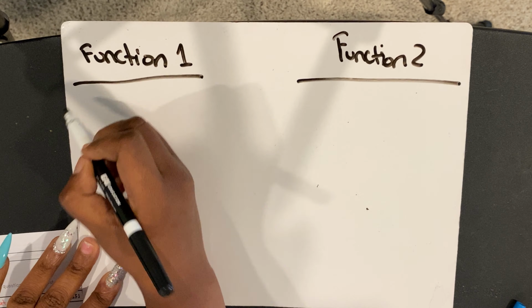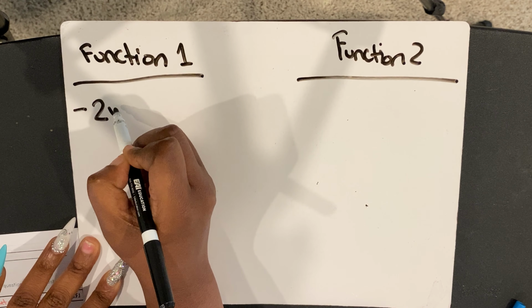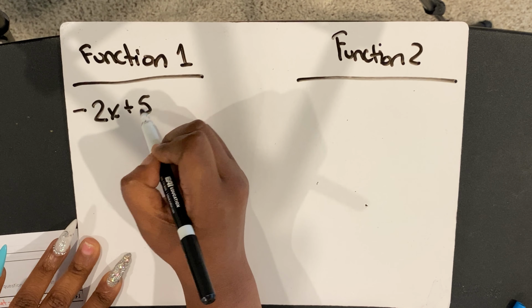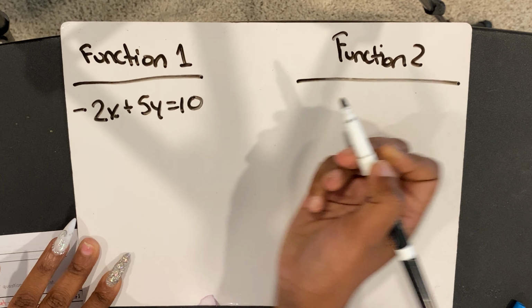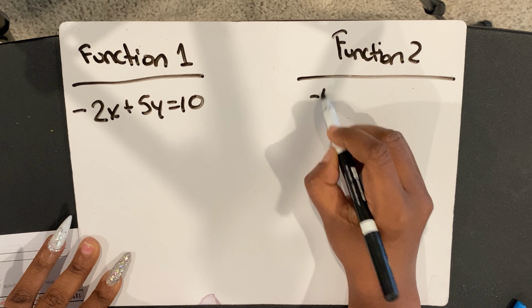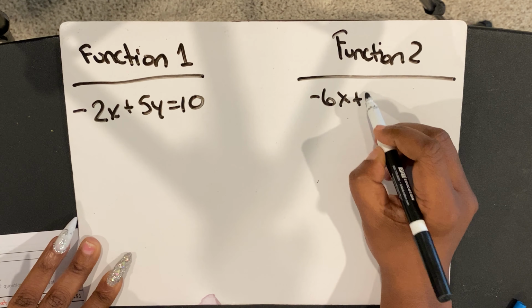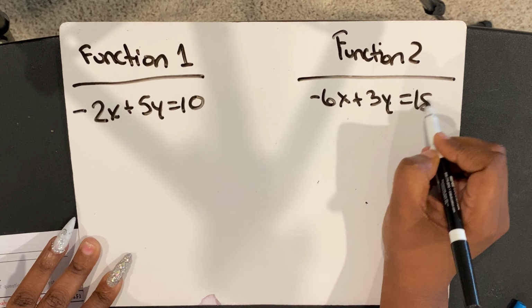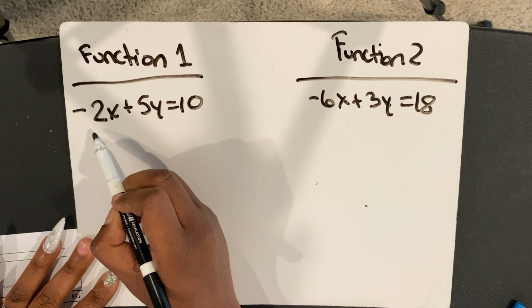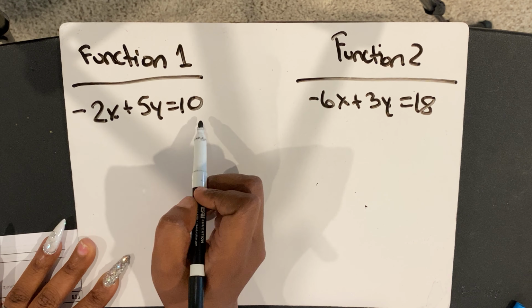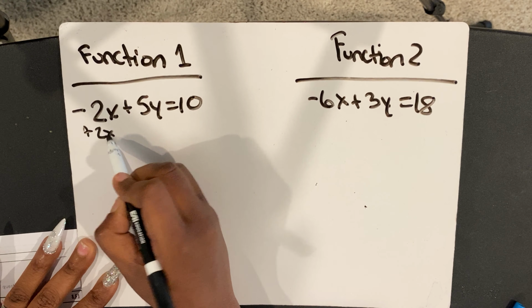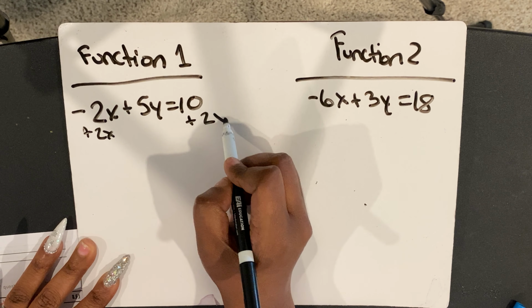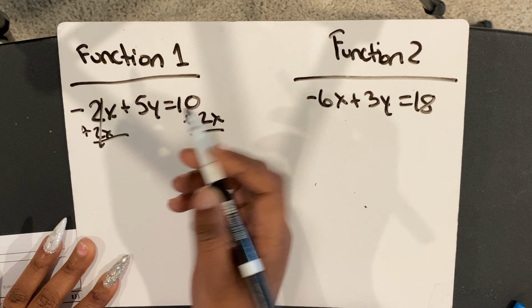Okay. So function 1 says negative 2x plus 5y equals 10. And function 2 is negative 6x plus 3y equals 18. I need to get this 2x over here. So I'm just going to add 2x to both sides. Remember, we can't combine terms that are not alike.